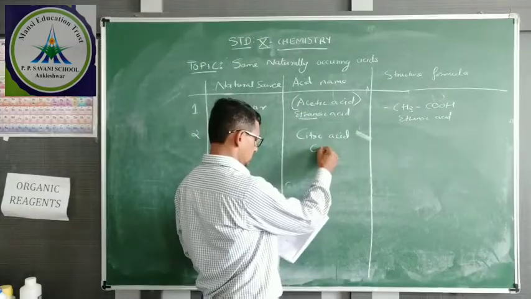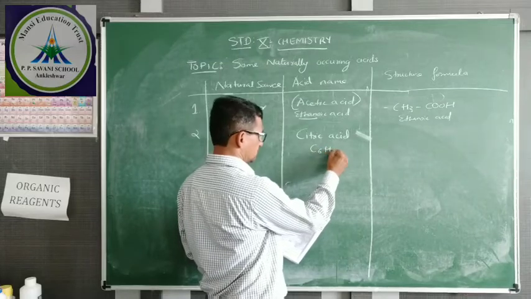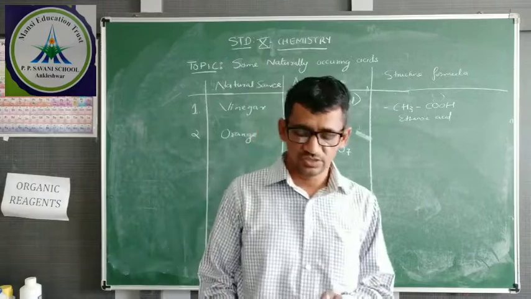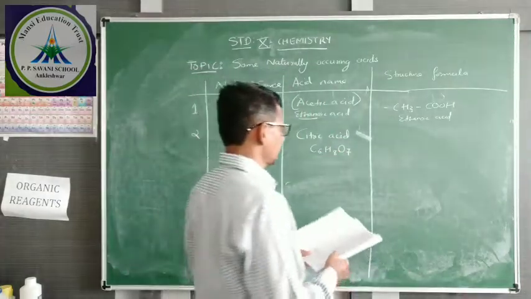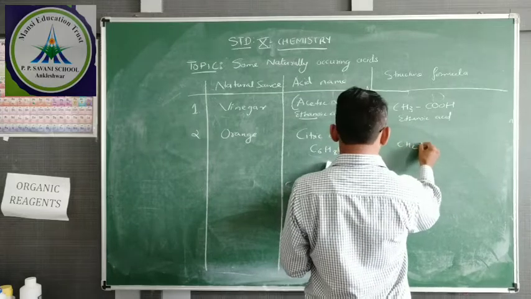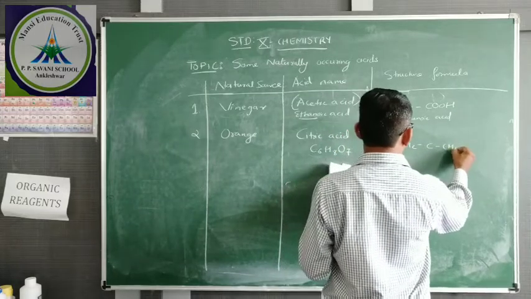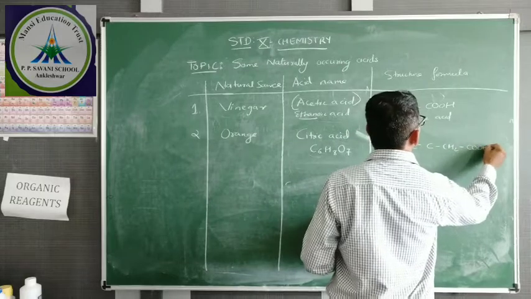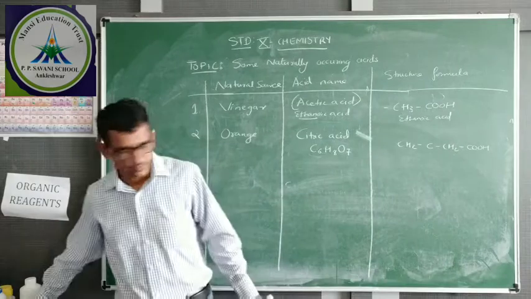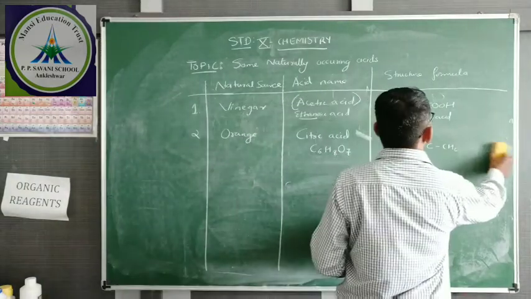Its formula is C6H8O7. I am drawing the structure of citric acid: CH2, CH2, COOH. In another way you can also draw this COOH group.